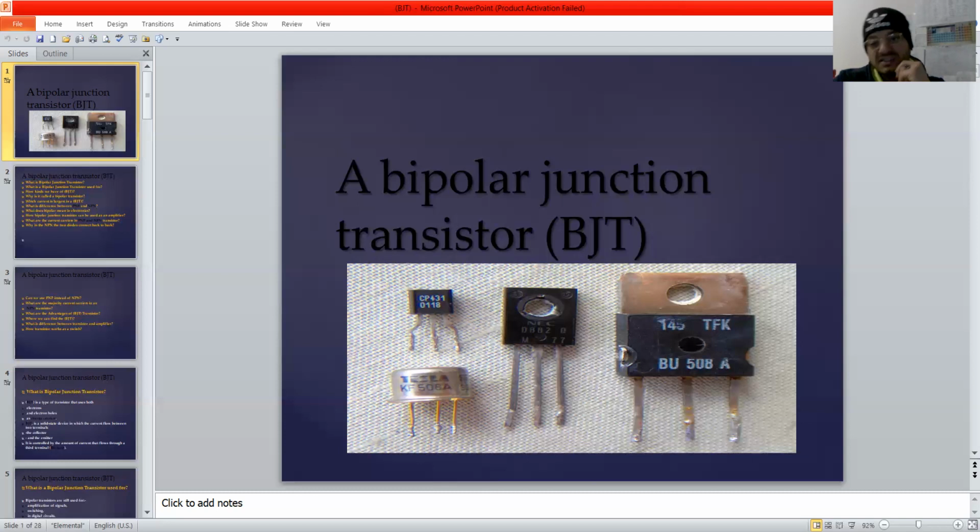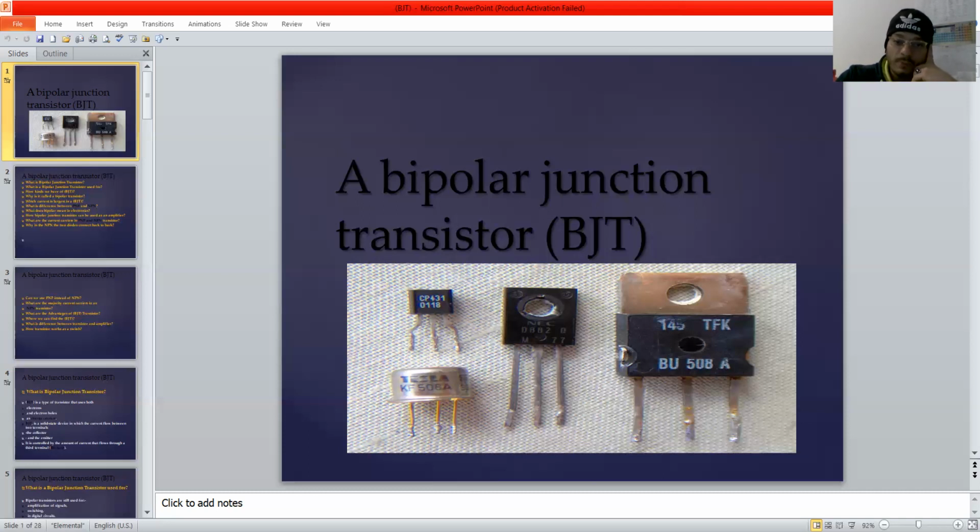That means here the base will be the P-type material, so the majority carriers will be holes and the minority electrons, and the reverse for these two sides of N-type material.